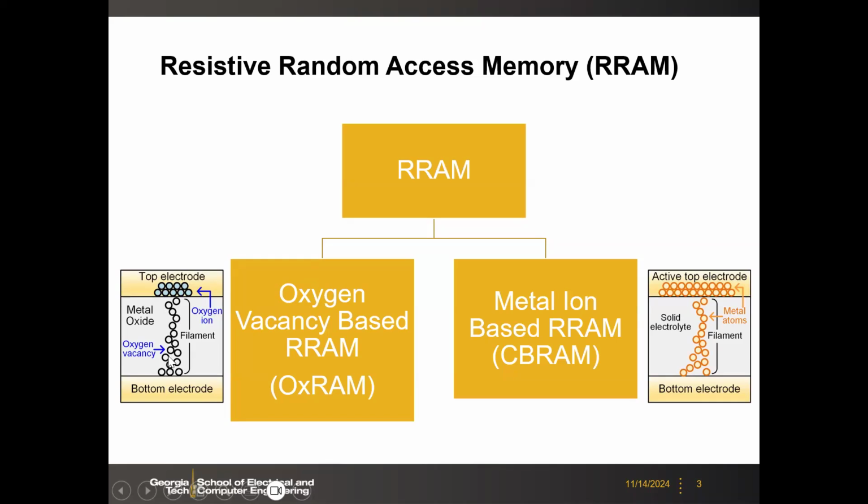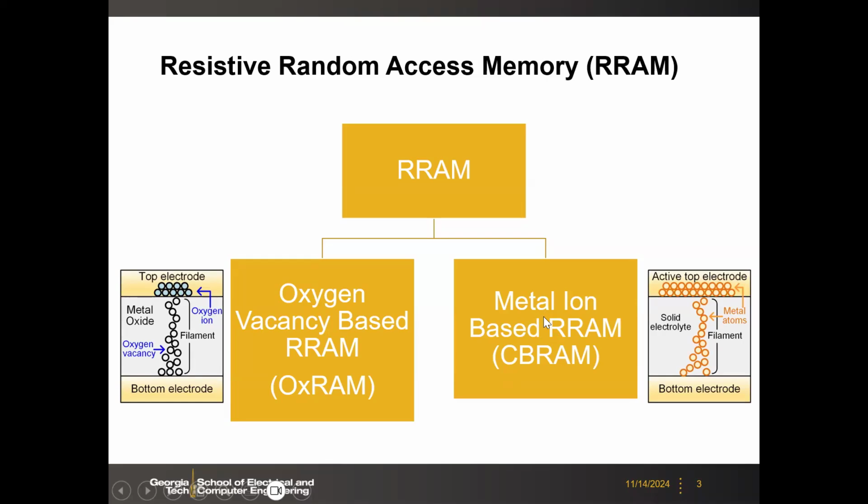And this filament is made of oxygen vacancies. After you take the oxygen atom out of the lattice, one vacancy is left there. If you have a filament made of those vacancies, then you can conduct current between those two electrodes. Therefore, you have the low resistance state. If you break up this filament, then you will get the high resistance state.